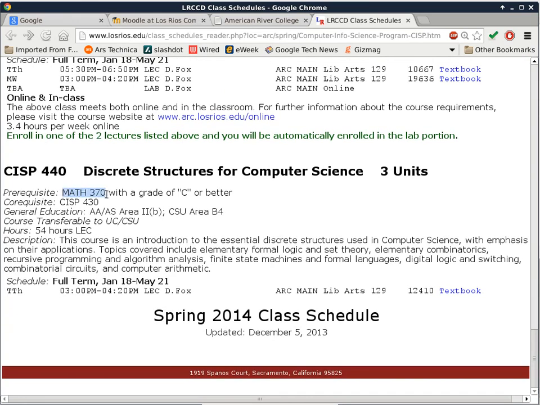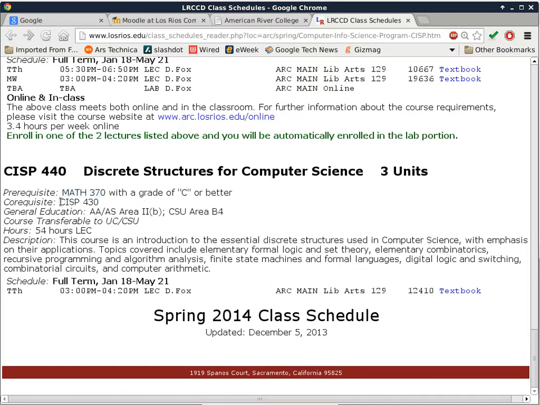it does have a prerequisite of Math 370. What is Math 370? Pre-cal? Okay. The only reason it requires pre-cal is to have a basic understanding of math concepts, what is a proof, what is algebra. All of those concepts are important in CISP 440.